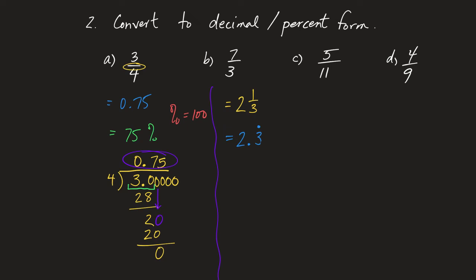Okay, if we have to now change that into a percent, well, I don't know how we deal with that as a percentage. We could work our way through the last, which is, well, when I can make it out of hundredths, then I can change that into a percent. So what might be functional for me might be to say, well, that's a 2.33. That at least gets me into the hundredths.